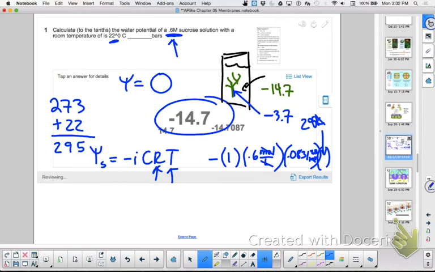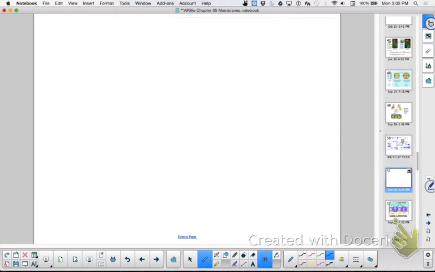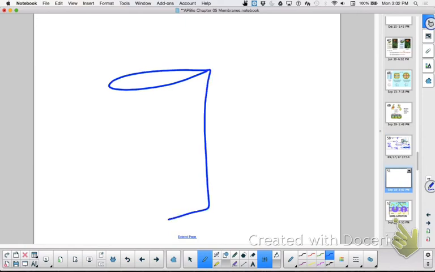So I have a higher water potential at minus 3.7. Water must flow from the hypo. So it'll go from that minus 3.7 to minus 14.7. So what will happen to my plant? It'll shrivel. Does that make sense? Okay, it'll lose water. So if I do it like this, if I had a beaker, one more time, just think it out, and I put a plant in there, here is a big plant leaf.